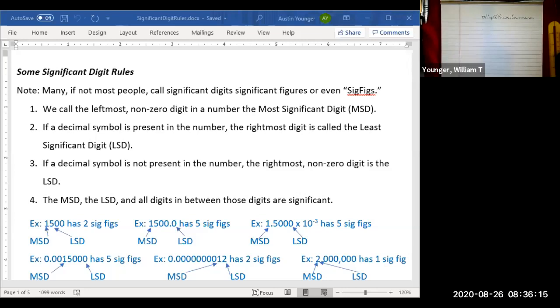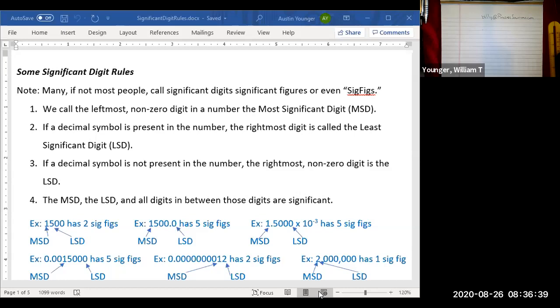So here's the document. Basically what we discovered was a neat way in which you can determine whether a number is a significant digit or not, and introduced a new term. We call them significant digits, or we also call them significant figures, or SigFigs for short. So you can see right here, it says we call the leftmost non-zero digit in a number the most significant digit, or MSD.